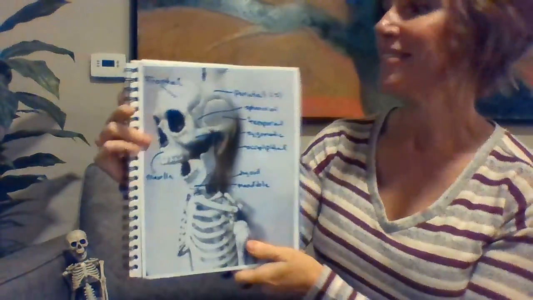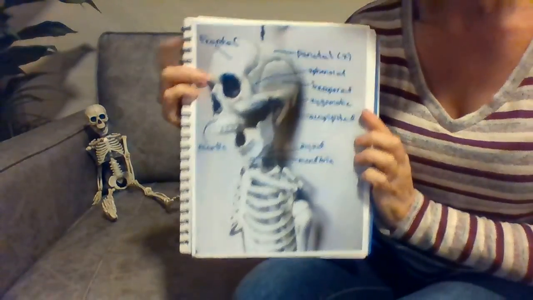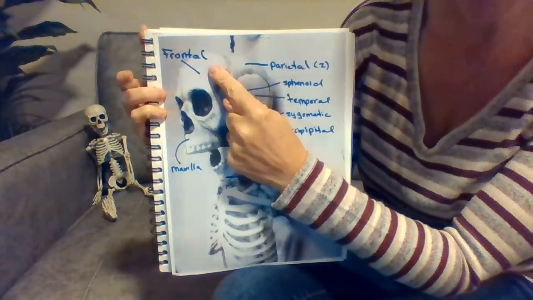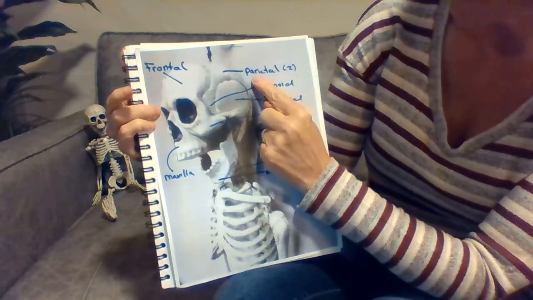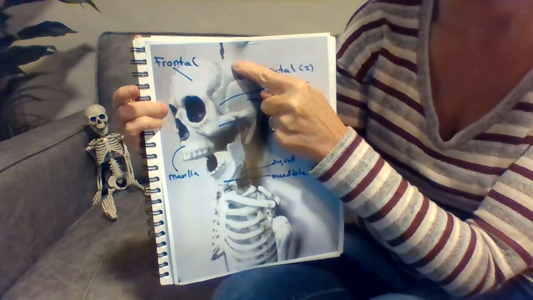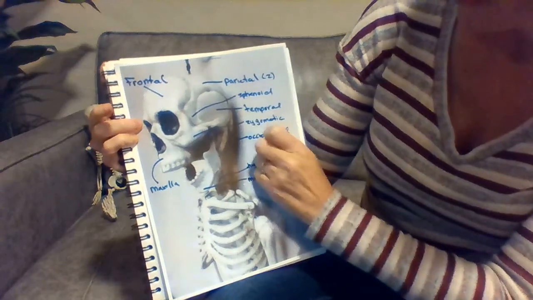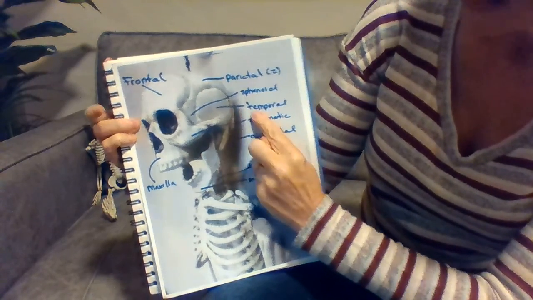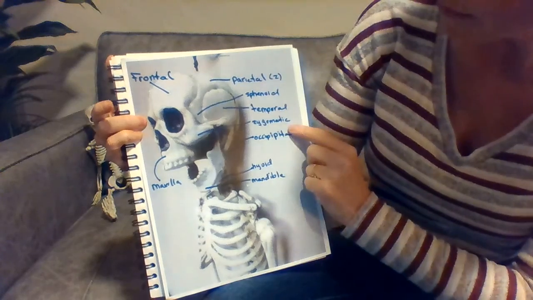So here's a close-up of Carl. See if you can get a good picture. Okay. So in here we have the frontal bone, and that's going to be your forehead, and then your parietal bones, which are the 2 bones that form the back of your head. Then you also have your temporal bones, and that's going to be on the side, kind of right where your temples are.